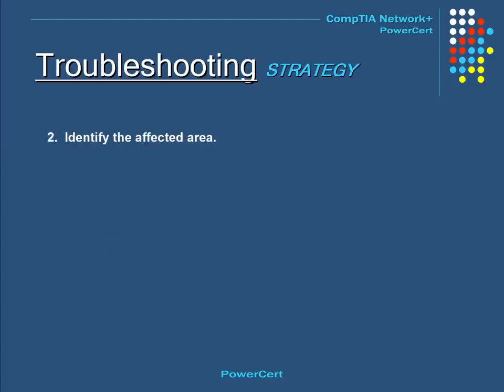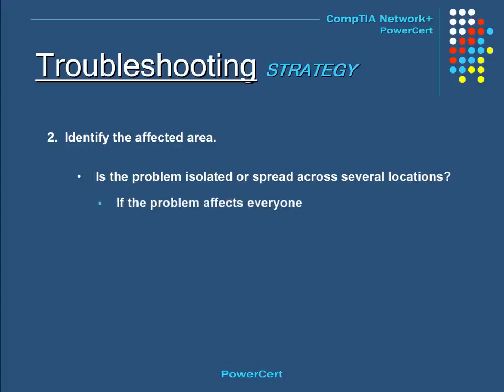And the next step is to identify the affected area. A good question to ask is, is the problem isolated at one particular location, or is it spread across several locations? For example, let's say that everyone on a LAN cannot access the network. One of the first places to look would be the switch, because we all know that all computers connect to this single device.